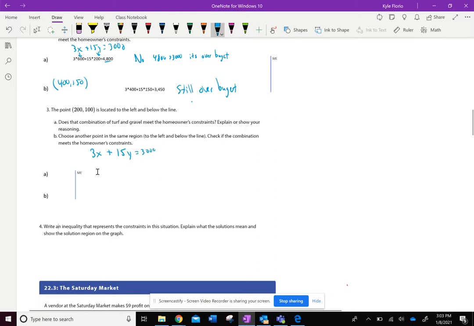So let's try this. I'm going to use that same thing, but this time I'm only going to buy 200 square feet of gravel and 100 square feet of turf. And that comes out to be 2,110. Yes, that is in our budget. That's less than the $3,000. It is within our budget.